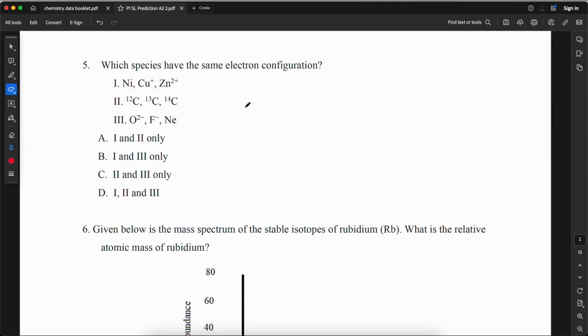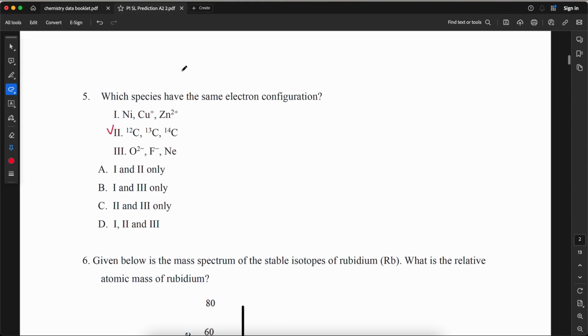Which species have the same electron configuration? The second, obviously yes, because they are the same element, only differing in mass number and neutrons. So 2, yes. Now for the first option, we've got Ni with electron number 28, so that would be Ar 3d6 4s1, and then Cu plus, which is 29, so that would be Ar 3d10.